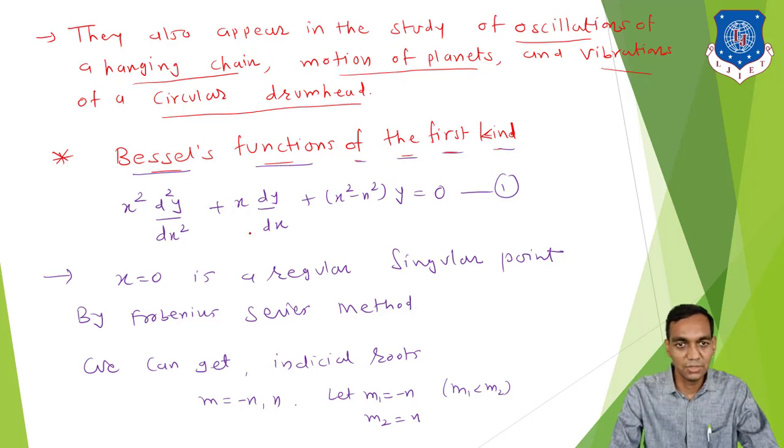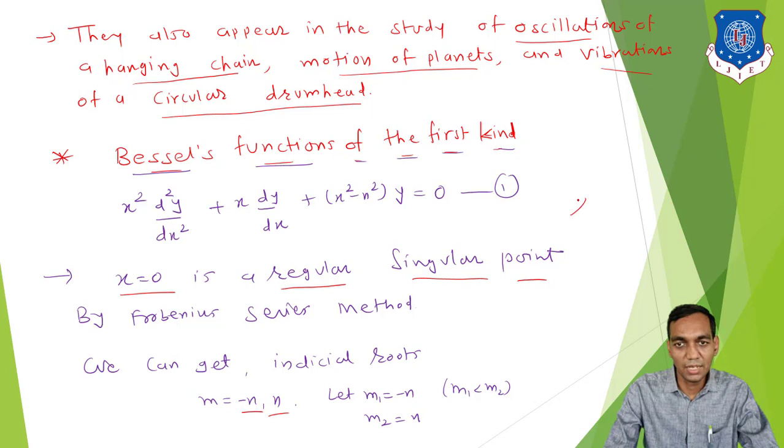First of all, this is our second order differential equation, and we have to solve it using the Frobenius method. As x equal to 0 is a regular singular point, we are going to use the Frobenius method. If you apply the Frobenius method, you have two roots, m is equal to minus n and n.